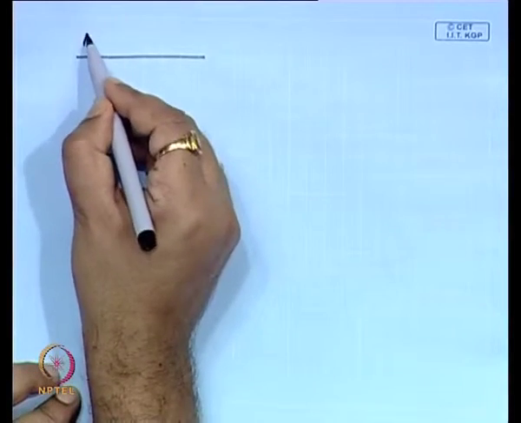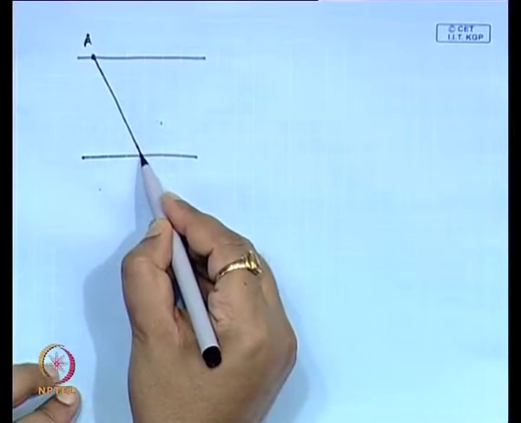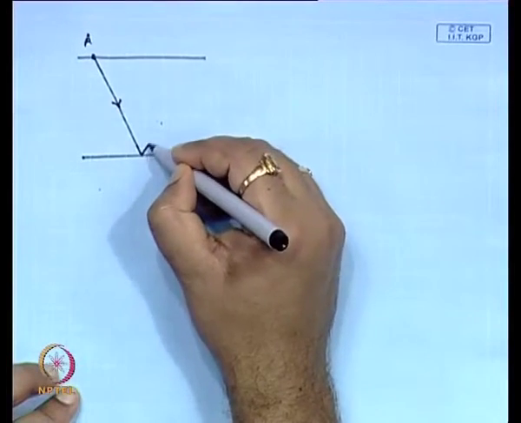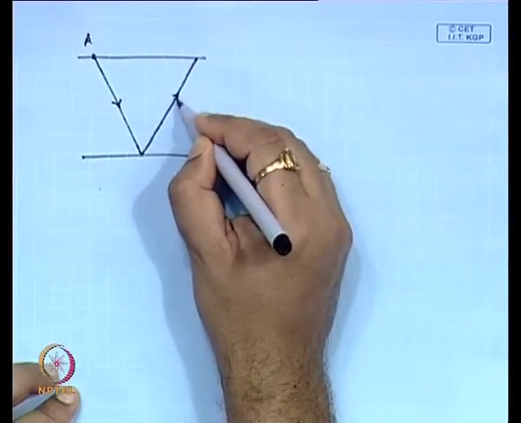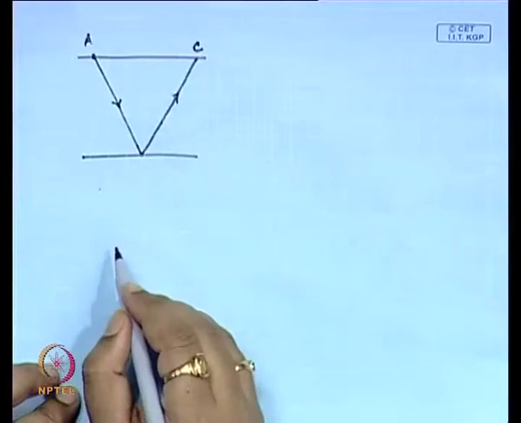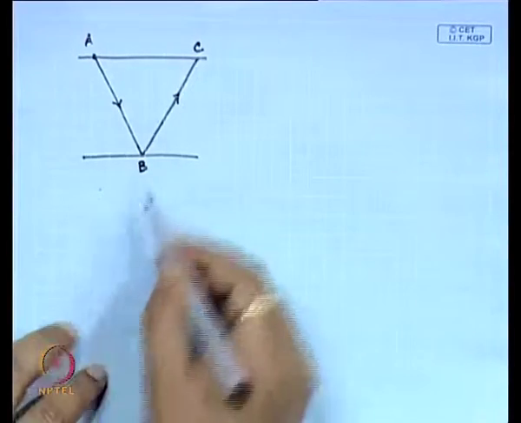the source A. Now, it will create one impact and the ray will travel in this direction, then it will reflect and then it will be received by the receiver at C, and this B is the intersection point between the layers.